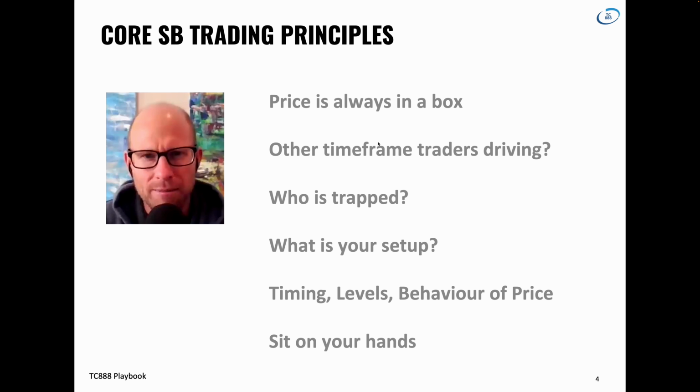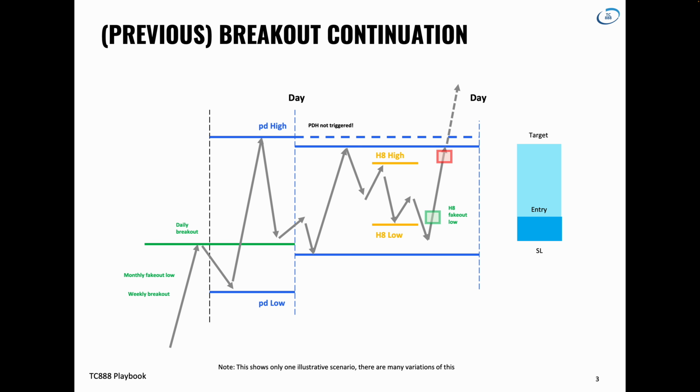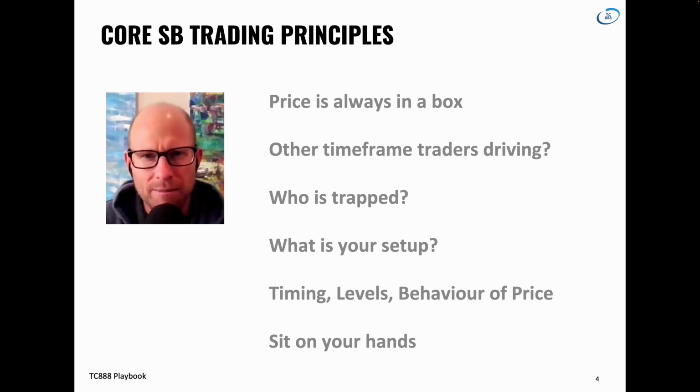Why is this interesting in this respect? Because other time frame traders are driving this move. If you are in a monthly, weekly bullish situation in a daily breakout, then you see already that higher time frame traders clearly want to have higher price. So that's the trend, and this is the trend you want to follow. Who is trapped?